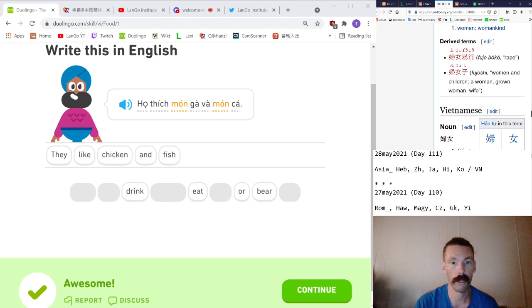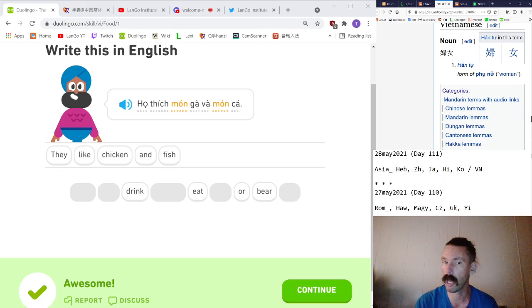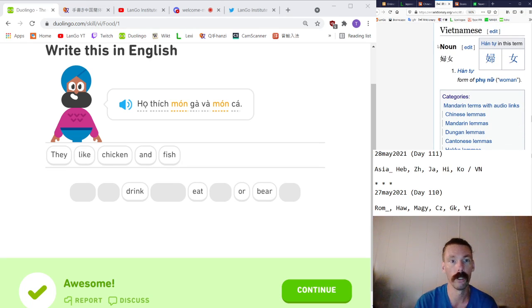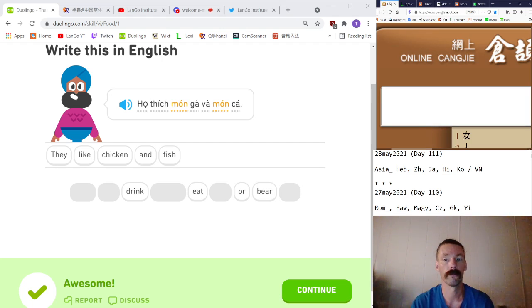I think it denotes a married woman, or it may have at one time in Chinese. This 妇. Do you know what the component on the right is in the grapheme? I'll put it on its own. This component here.